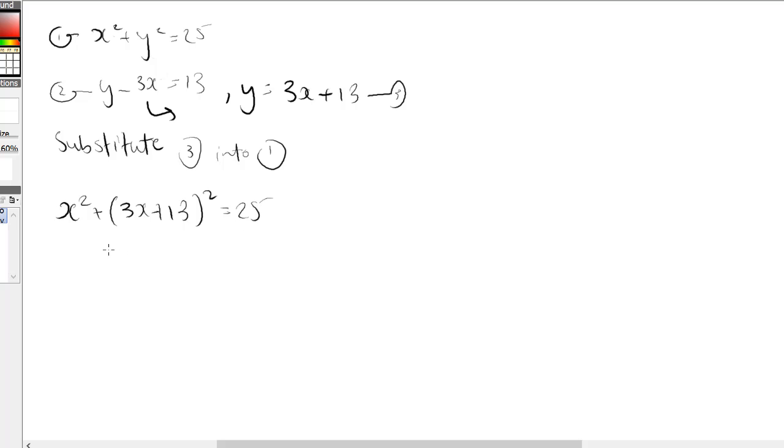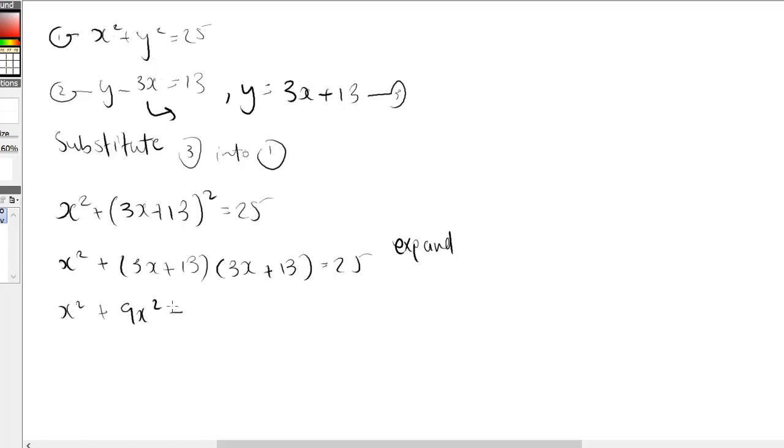So now I just want to start to rewrite. So (3x plus 13) by opening up and expanding the brackets equals 25. So if I just use my arrows, so again just expanding, I'll get 9x squared plus 39x plus 39x plus 169 equals 25.